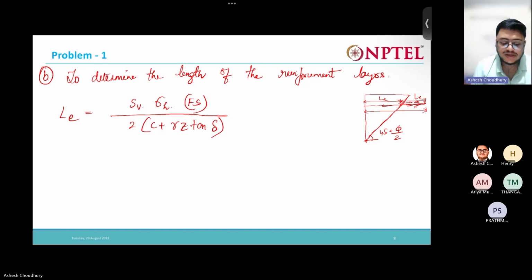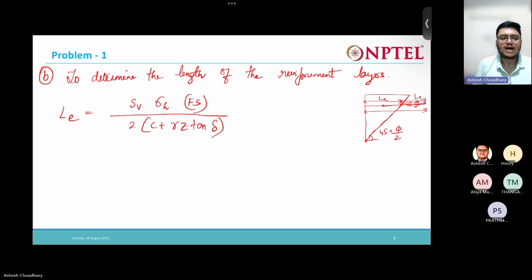And S_V into sigma_H is the load coming on the reinforcement. We multiply that load with some factor of safety so that our calculated length is a little bit higher, so we are on the more conservative, safer side.